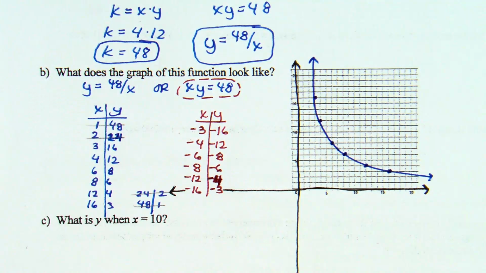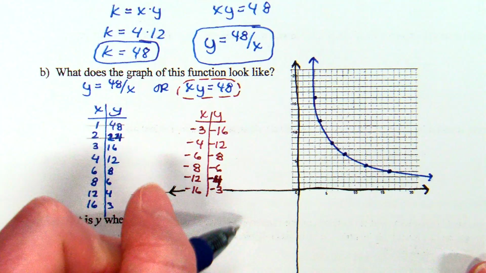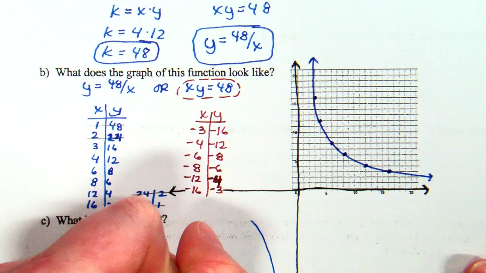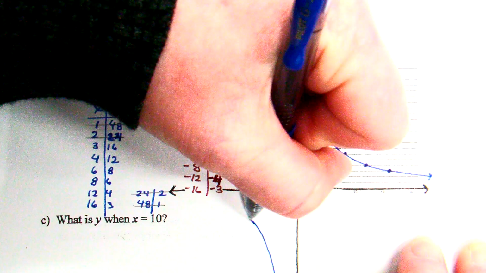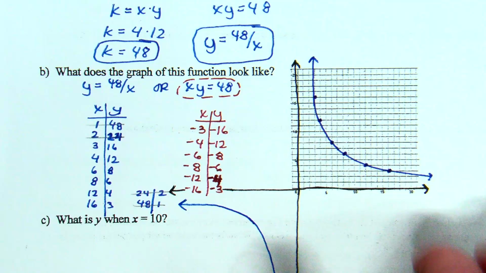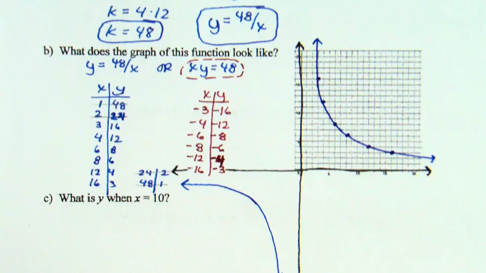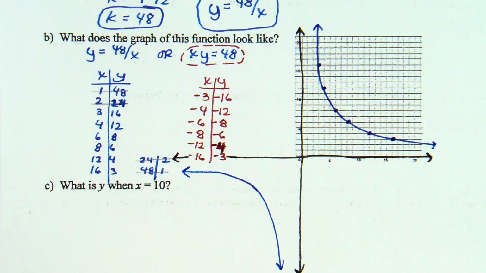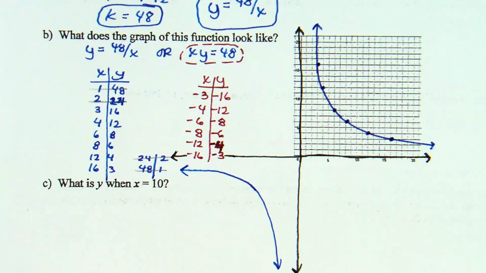Go counterclockwise. Now, I'm not going to count exactly. Are you okay if I just sketch that piece of the graph in? It would be a replica of what's in quadrant 1. Okay? That is my replica of quadrant 1. So, all of these graphs we do are always going to be in 2 diagonal quadrants. This one was quadrant 1 and 3.